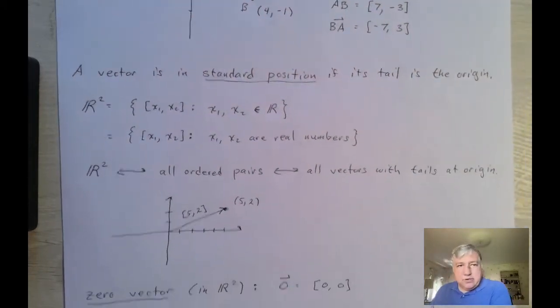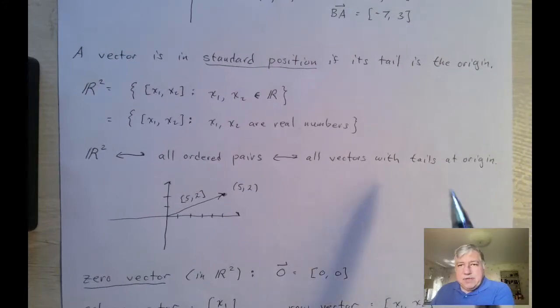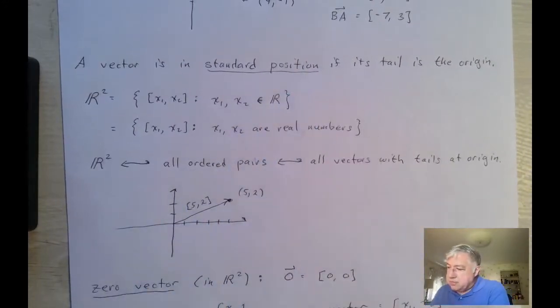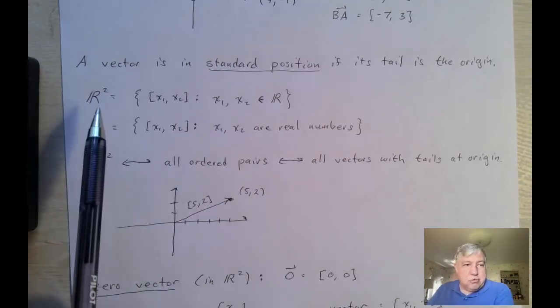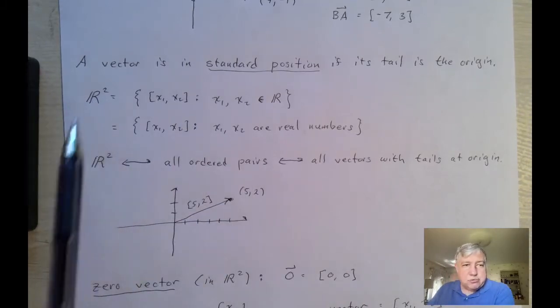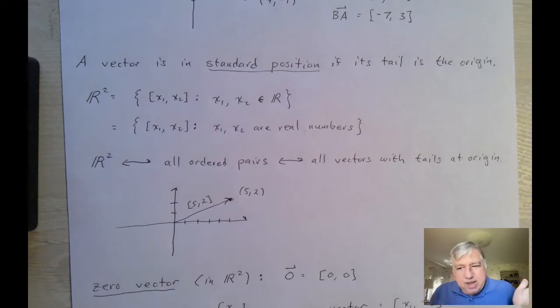And we say a vector is in standard position if its tail is at the origin. Okay, and then we should say that R2, maybe you've seen this notation before, you can think of it as the whole xy plane, the Cartesian plane. But instead of x and y, we're going to use x1 and x2, just because we want to generalize this to more dimensions.